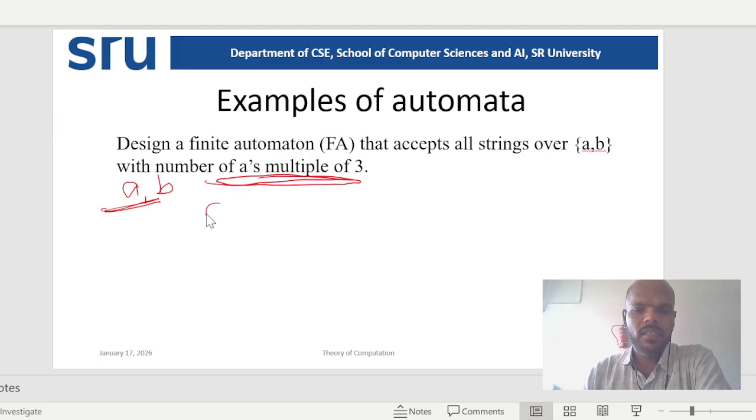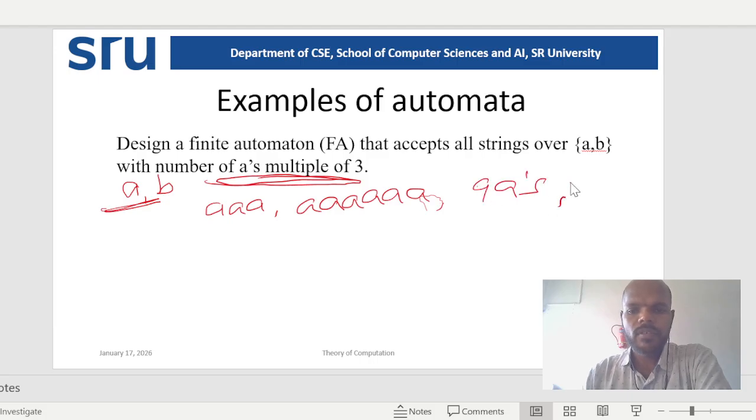That means that 3 a's are accepting. So 6 a's should get accept because it is a multiple of 3. So 9 a's should get accept. 12 a's should get accept. What about b? Any number of b should be accepted.